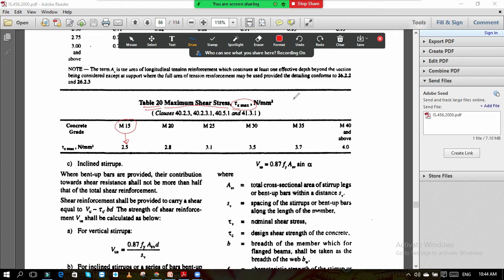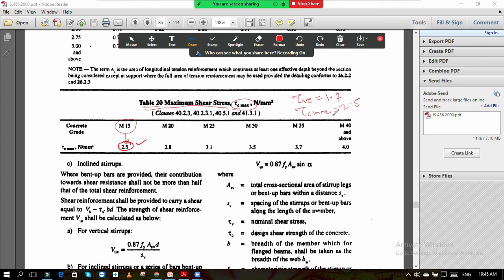Now what is the value of your tau VE? The value is 1.7. And what is the value of the maximum shear stress tau C max? It is given here as 2.5. I am repeating once again. In the numerical we got this value, 1.7, the equivalent shear stress, and here you can see your maximum shear stress is 2.5.